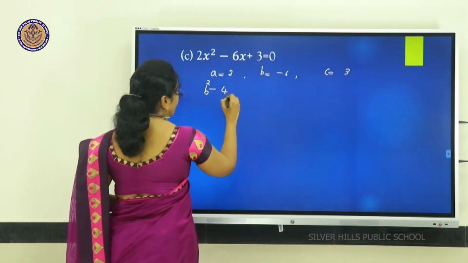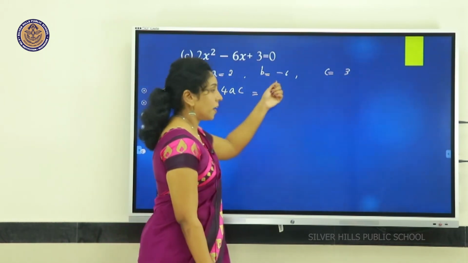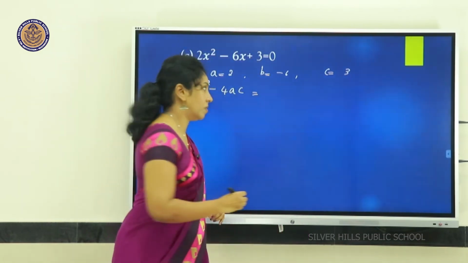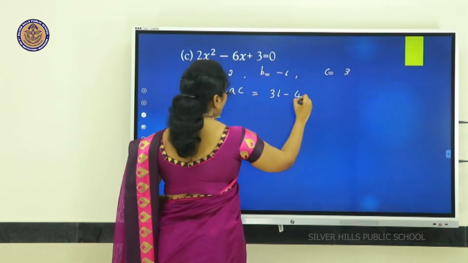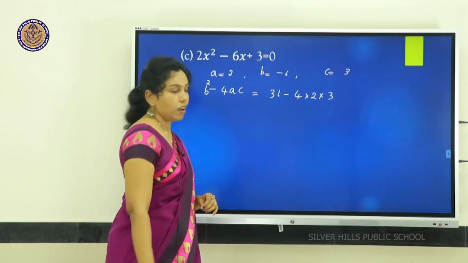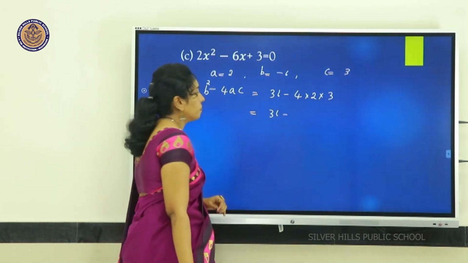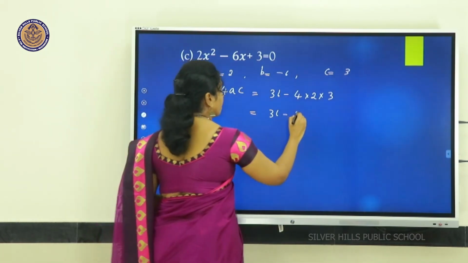B square minus 4AC equals, B is minus 6, so minus 6 square is equal to 36. 36 minus 4 into 2 into 3. That's equal to 36 minus 2 4s are 8, 3 8s are 24.